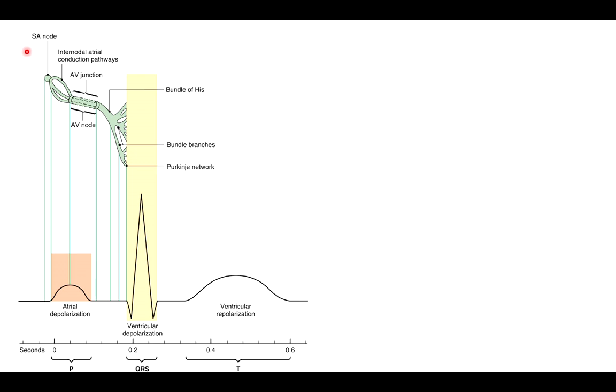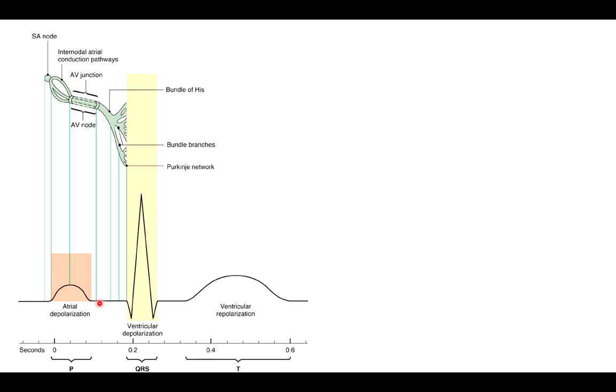So when we have this electrical activity that begins in the SA node, we have this electrical impulse that propagates across the internodal atrial conduction pathways, and the atria depolarize. Now, as the atria depolarize, they functionally begin contracting. And that contraction facilitates movement of blood from the atria into the ventricles.